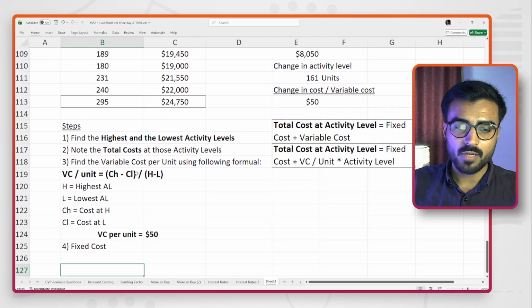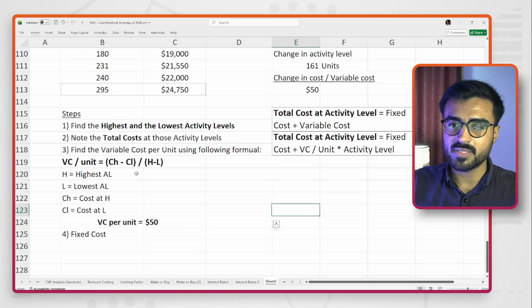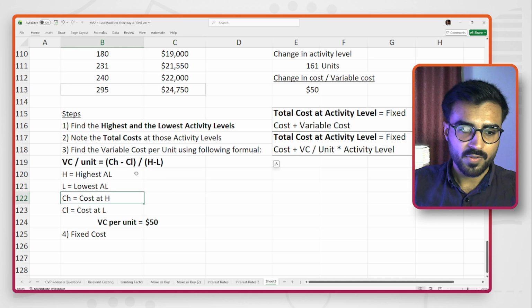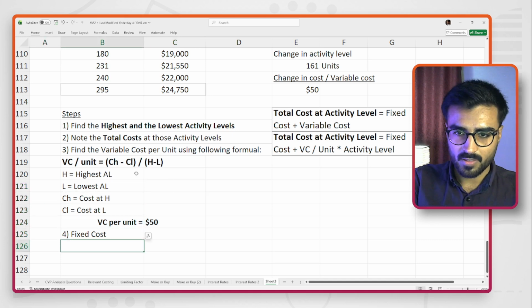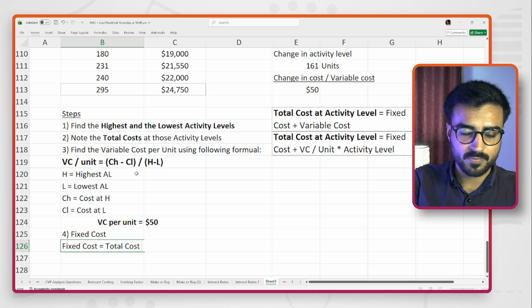Okay, so now to find the fixed cost, we are just reversing this formula. The formula becomes: fixed cost equals total cost at activity level minus variable cost per unit multiplied by activity level.